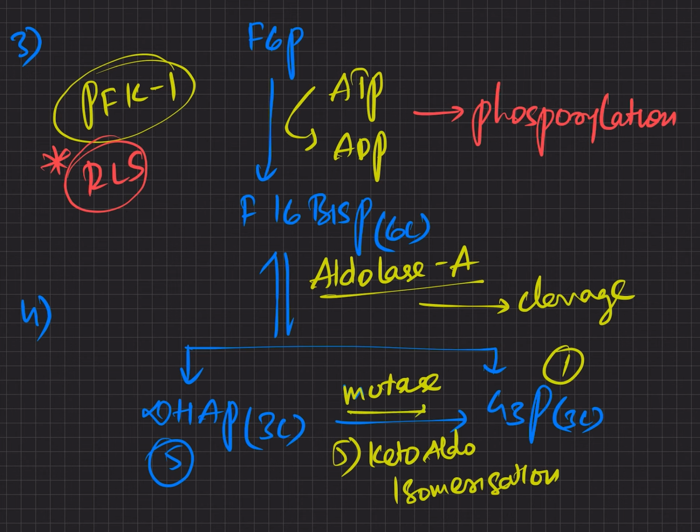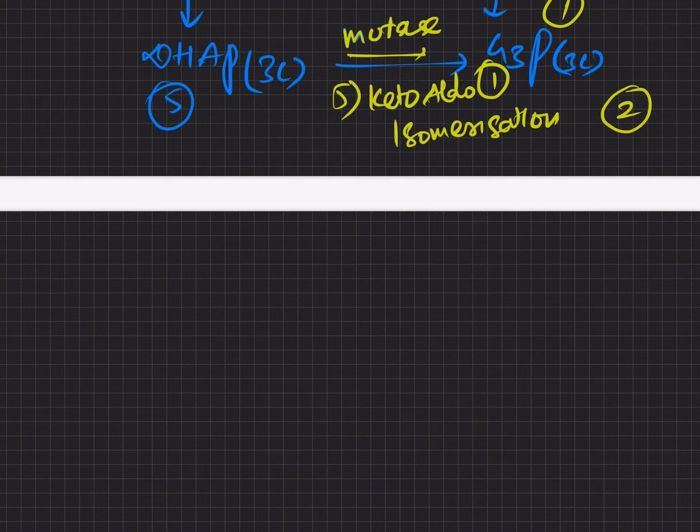By this second enzyme, another molecule. So after the fifth step, how many molecules of G3P do we have? We have 2 moles of G3P. Please remember these 2 moles of G3P, because all the energetics depend on it. If any question is asked, it also has to be thought of from the point of view that we have got 2 G3P. Remember the point: 2 G3P.